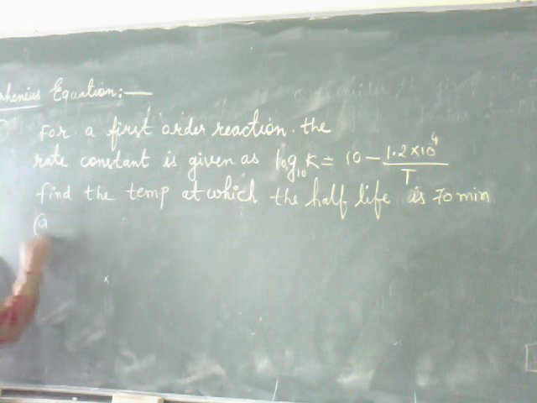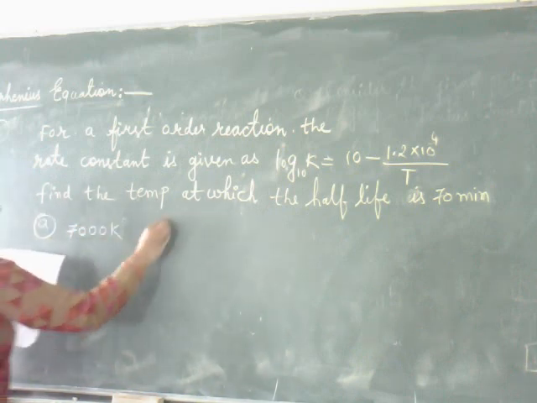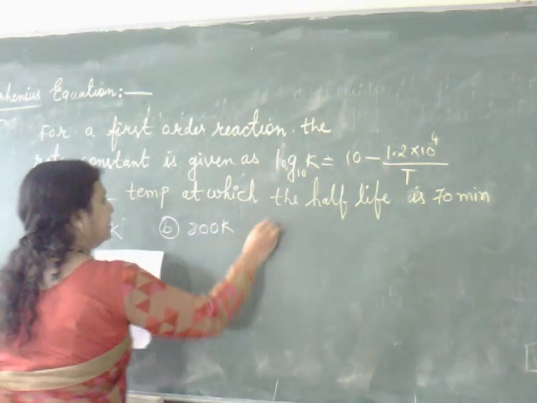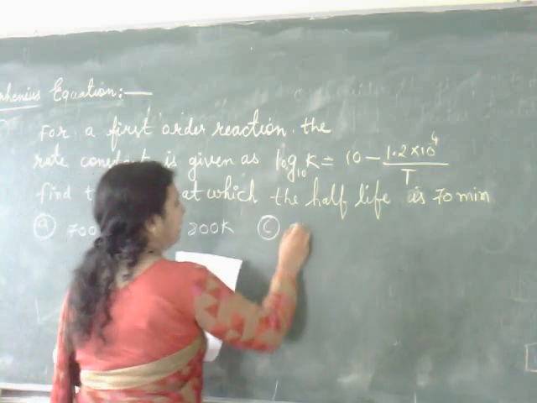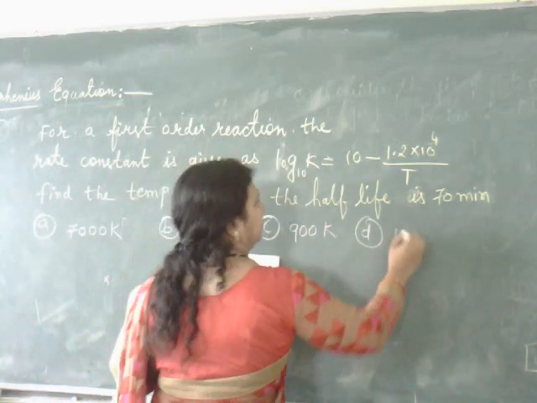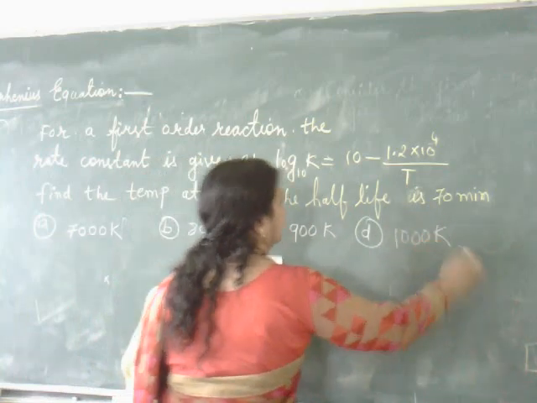A is 7000 Kelvin, B is 800 Kelvin, C is 900 Kelvin and D is 1000 Kelvin.